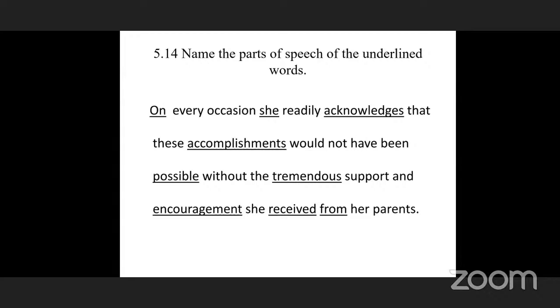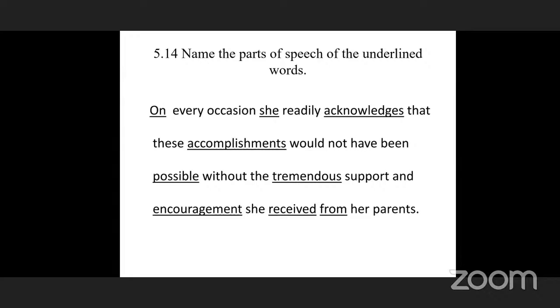That means it might be a noun, pronoun, verb, adverb, adjective, preposition, conjunction, or interjection. So what is the on? Preposition. Next, she? Pronoun. Next, what is acknowledges? Remember one thing, for your information, I am giving you a simple clue.